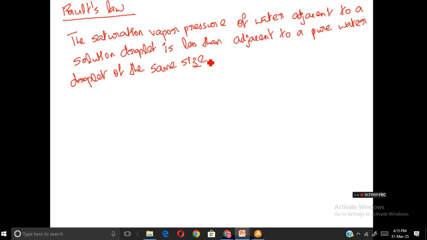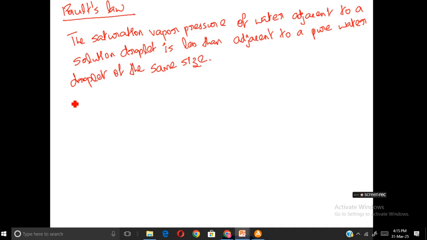So even at same levels of supersaturation, we saw that in case of an insoluble CCN, it should have a radius of at least 0.1 micrometer for it to survive, whereas in case of a soluble one, 0.01 micrometer size is also enough for the water droplet to survive. So it is easier for a solution droplet to survive rather than a pure water droplet.